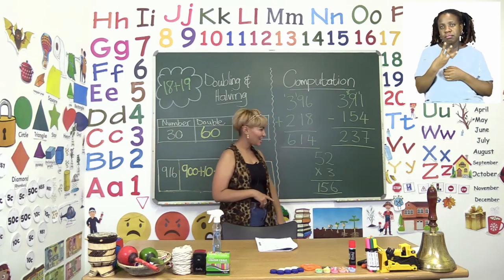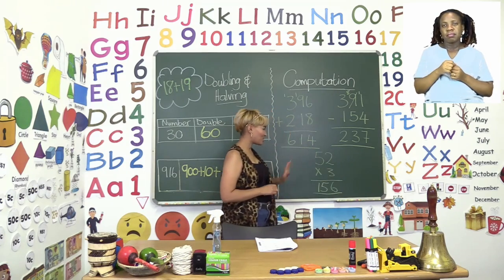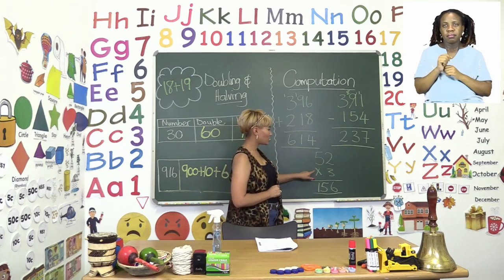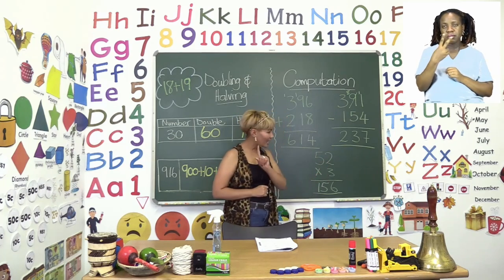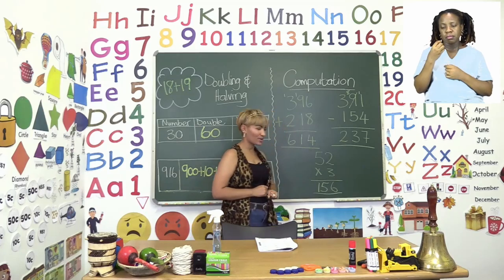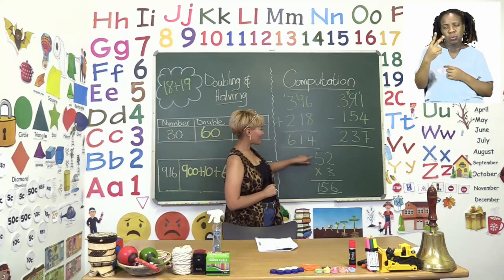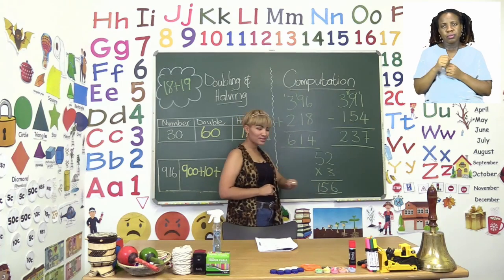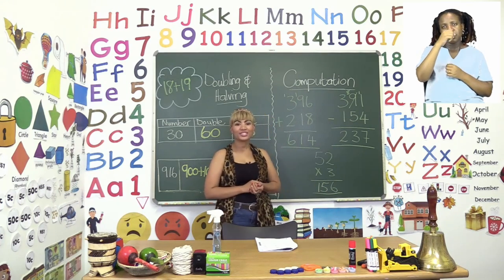Now let's try the last one, a multiplication sum. Remember, once again, we start with our units and work our way back to the tens in this case. So we say 2 times 3. 2 times 3 is 6. So we write it in there. And then we say 5 times 3 in this case. And 5 times 3 is equal to 15.